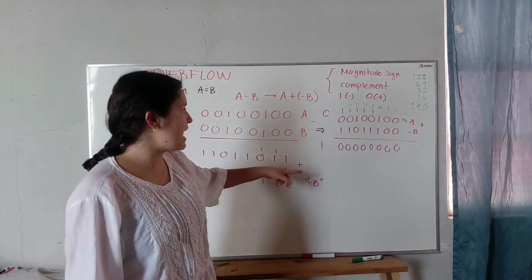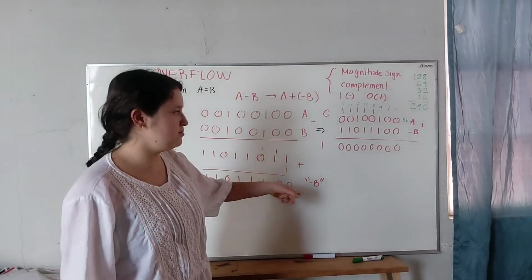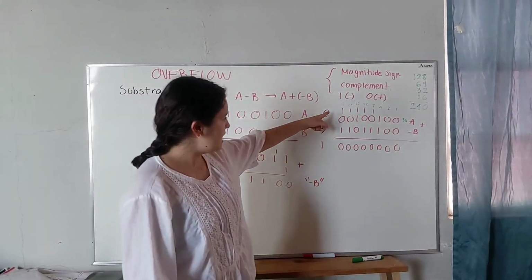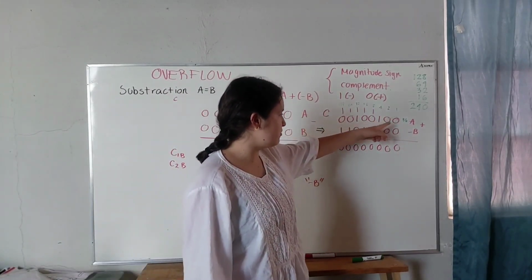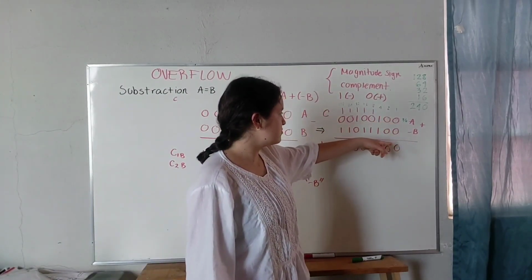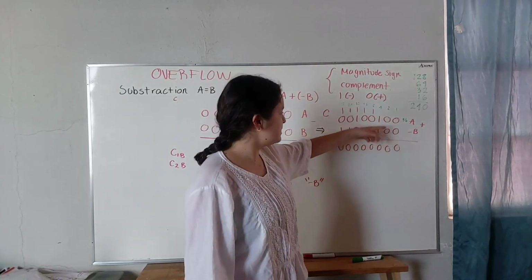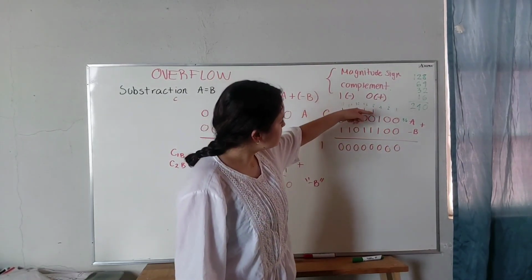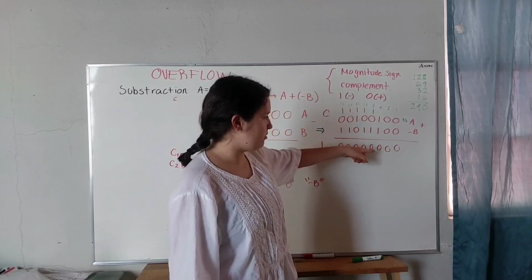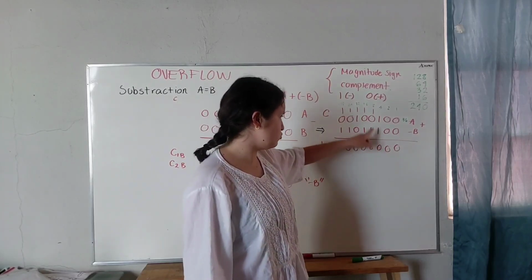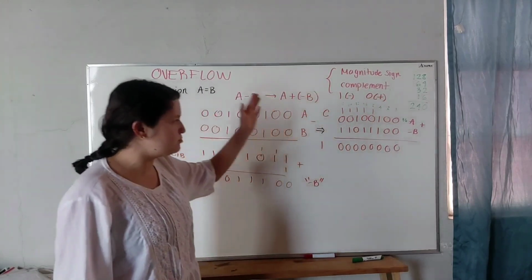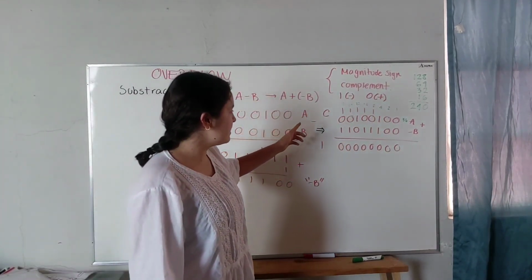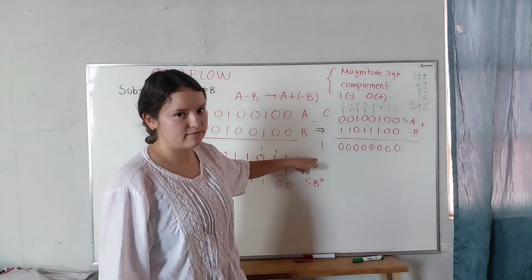And this number represents minus B. And now we can add A and minus B together. 0 plus 0 is 0, 0 plus 0 is 0, 1 plus 1 is 0 and we have a carry, which is 1, and that goes carrying up to the end, having a final carry.